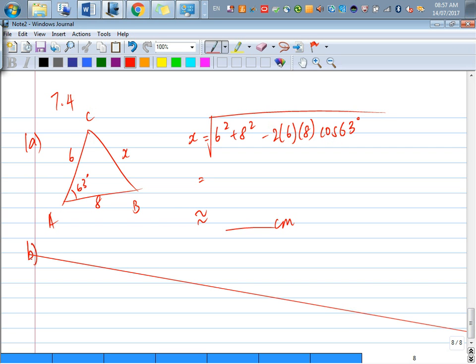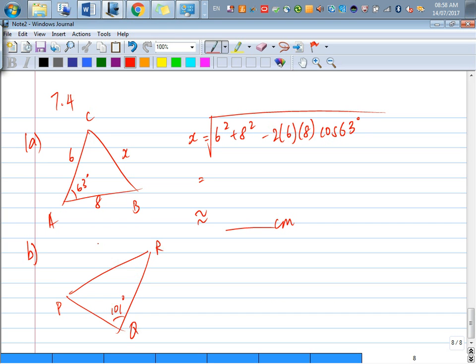Then for part B, you have another triangle. P, R, Q. This is 101 degrees. X, 6, and 7. So for question 2, again your cosine rule, the side x square equals 6 square plus 7 square minus 2 times 6 times 7 cosine 101 degrees.